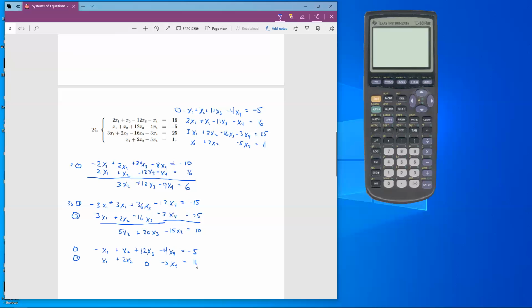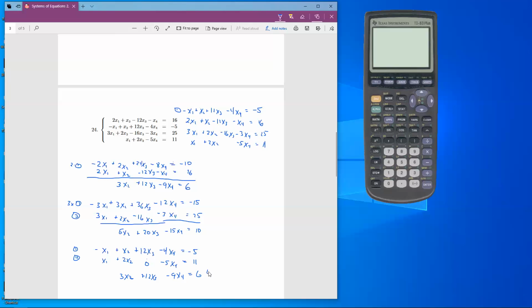All right, beautiful. The x1's cancel, so we end up with 3x2 plus 12x3 minus 9x4, and that's equal to 6.